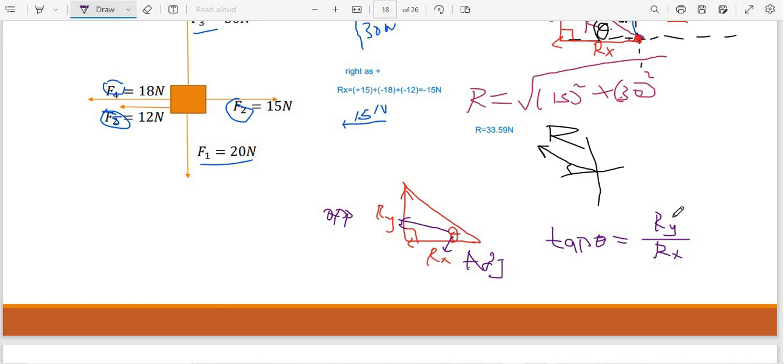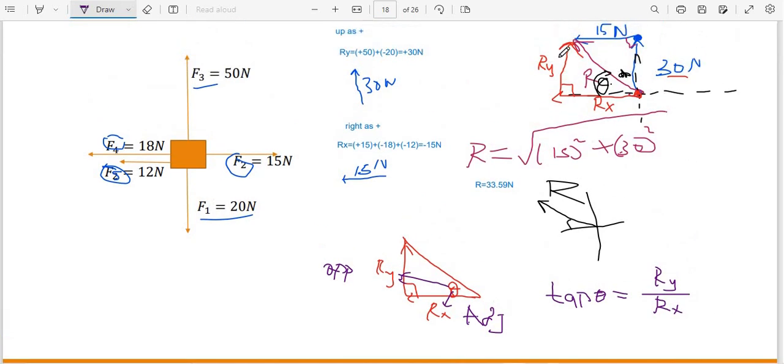When people take into account the directions, they are just trying to figure out in which quadrant we are going to find theta. But you and I don't need to worry about that right now, because from the sketch that we drew using the tail to head method, we can clearly see that this is quadrant number 1, quadrant number 2, quadrant number 3, quadrant number 4.